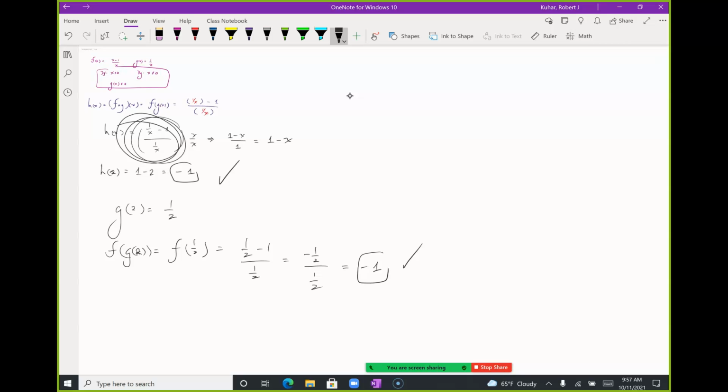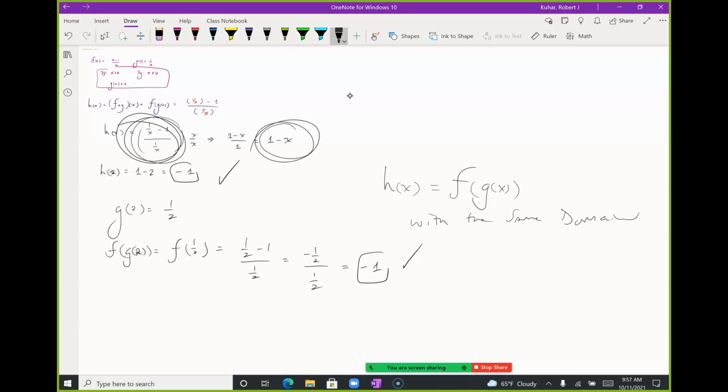So h of x only equals my composition if I keep the same domain. If I change the domain, like if I look at just this new h of x and get the domain of that, which is everything, it's not the same function anymore. Okay, got it.